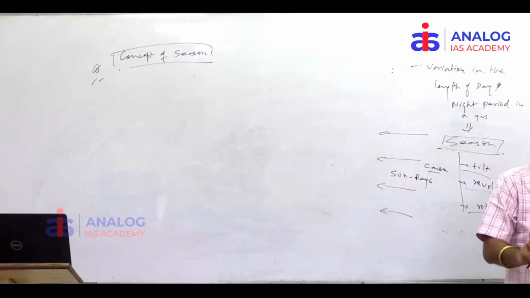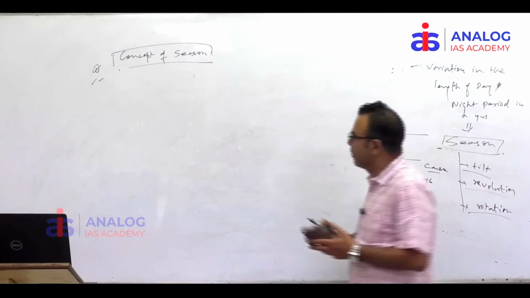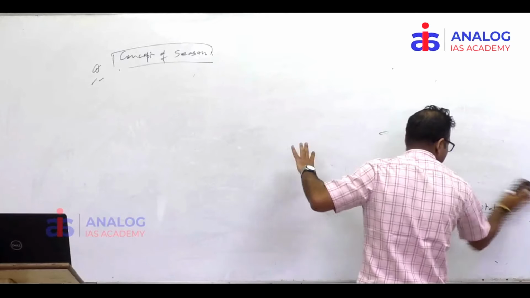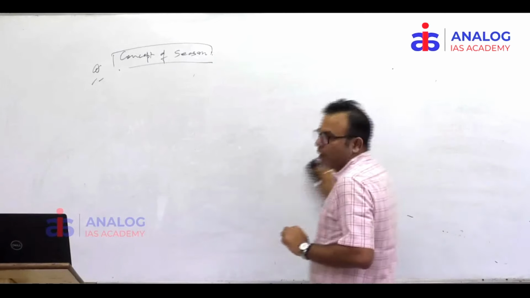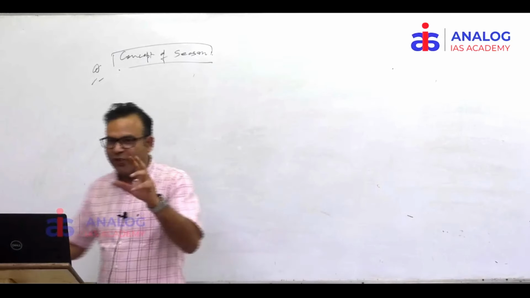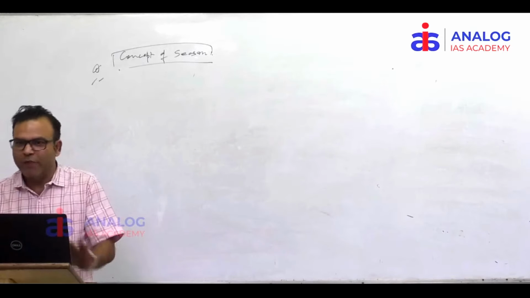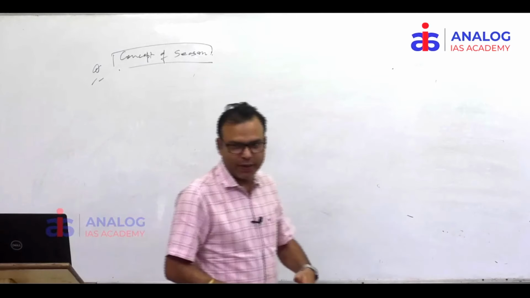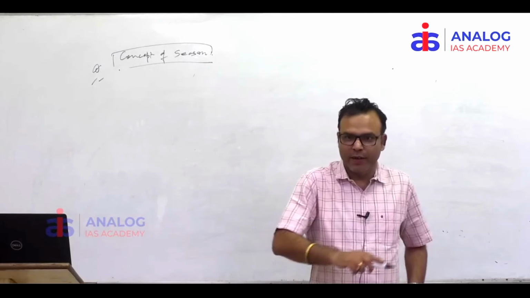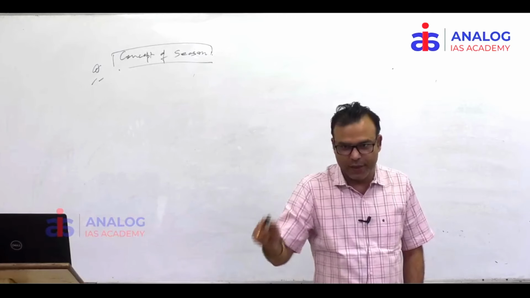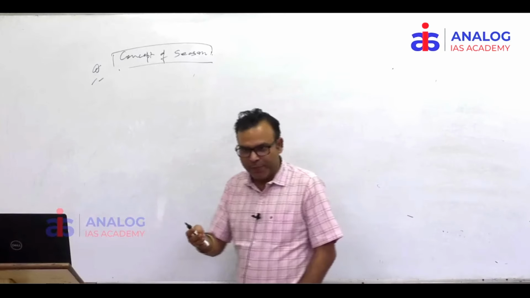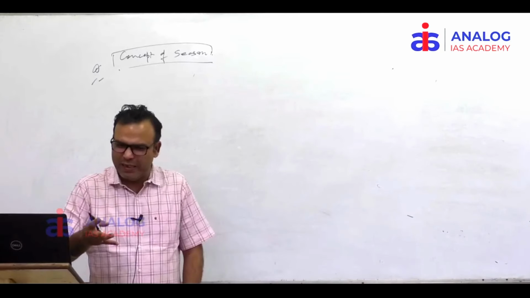Now next is the concept of seasons. You put it in the column. Write down concept of season occurrence. First understand what is season. Everyone experiences season. What happens? In a year, every place on the earth experiences a cycle of weather change. Isn't it? Sometimes we have winter, sometimes summer, sometimes transition season.